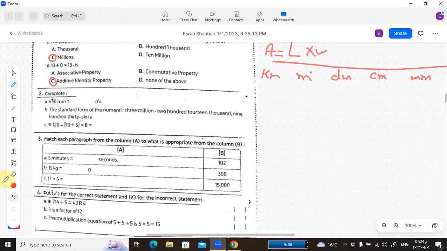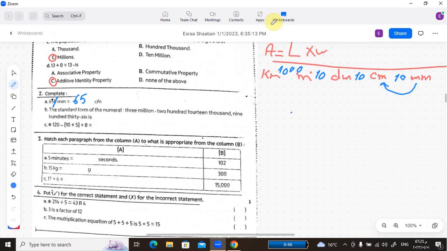From kilometer to meter times 1000. And here 10, 10, 10. From millimeter to centimeter divided by 10. So I'm going to cross one 0. The answer will be 65.